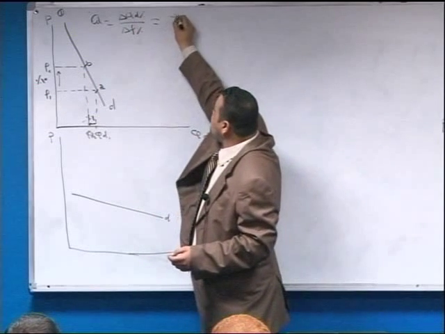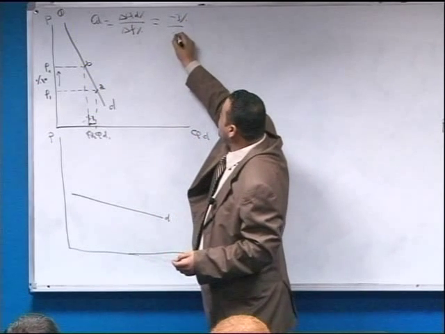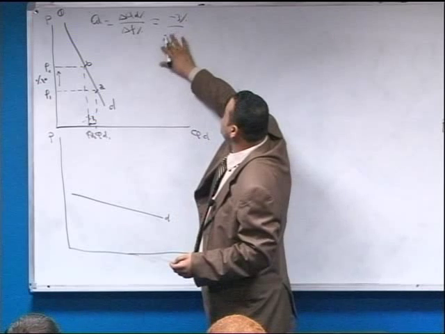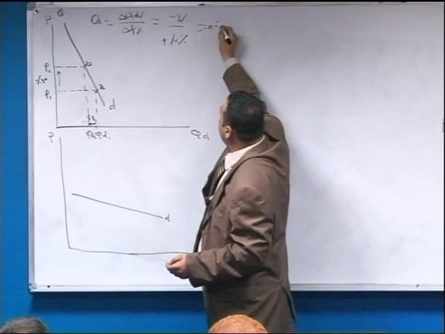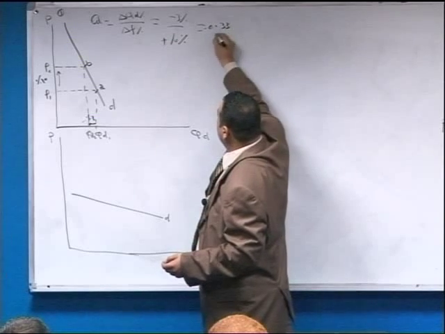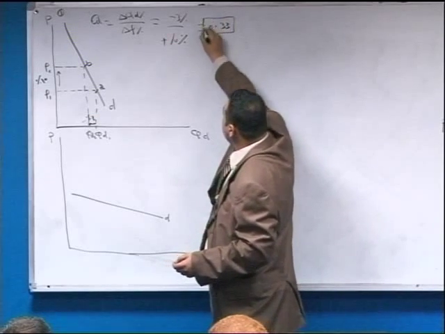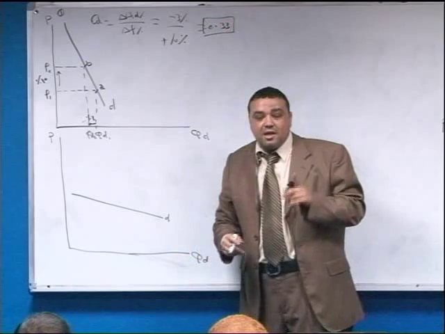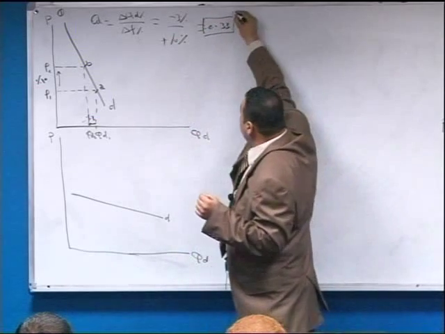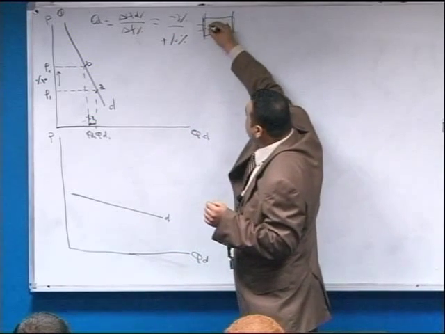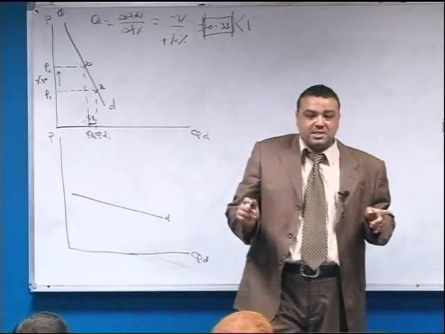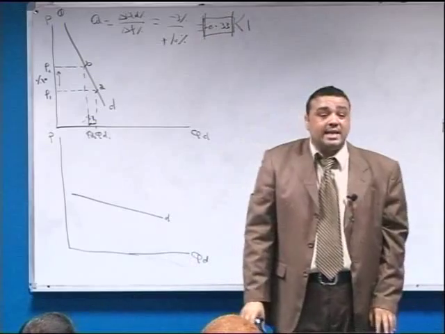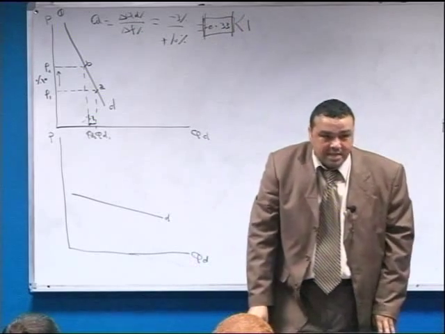So minus 3% over positive 10% equals minus 0.33. So in the first case, the absolute value of the price elasticity of demand is less than 1, so it would be inelastic demand.